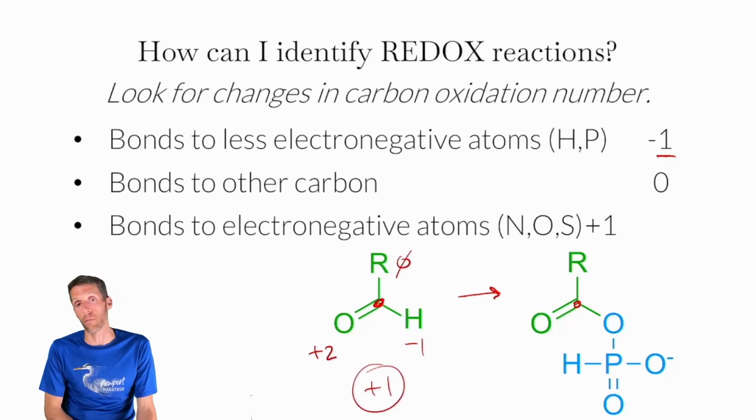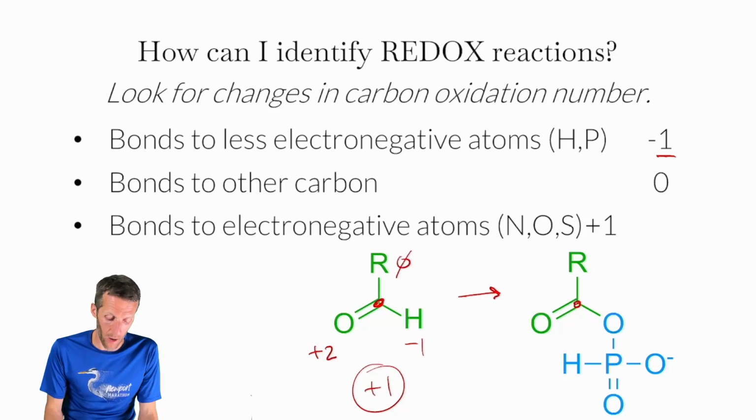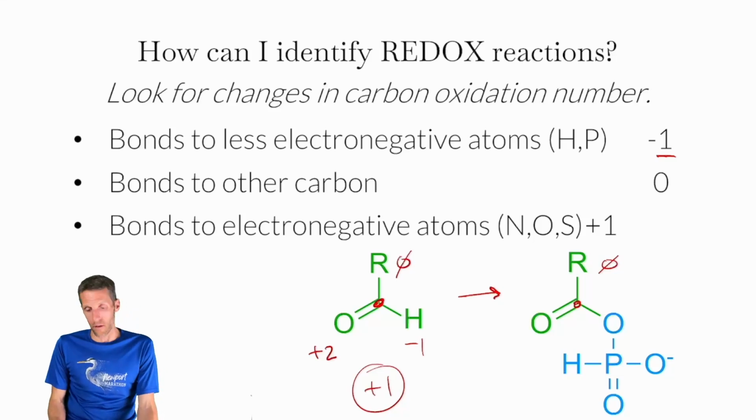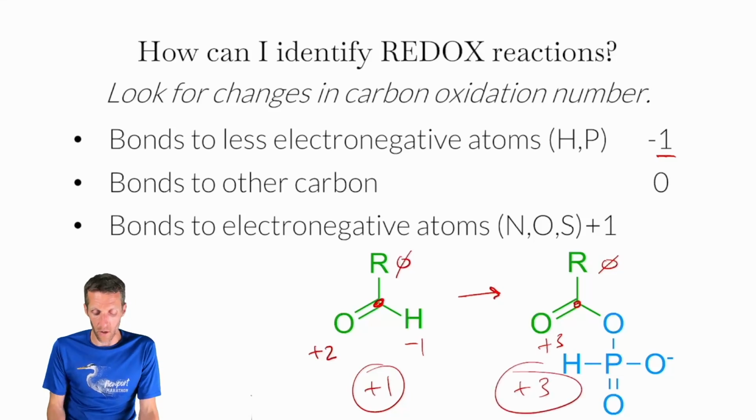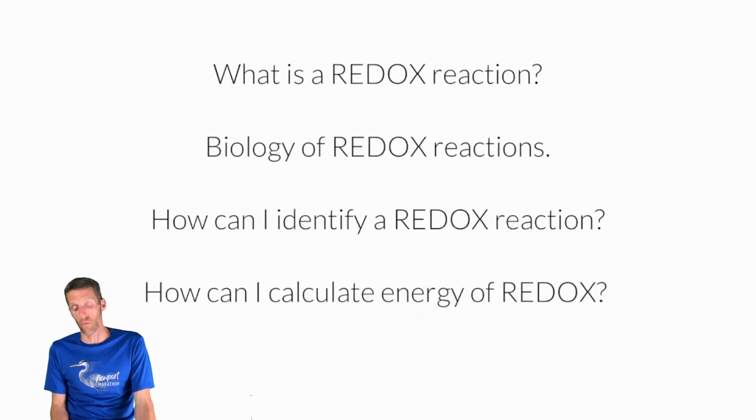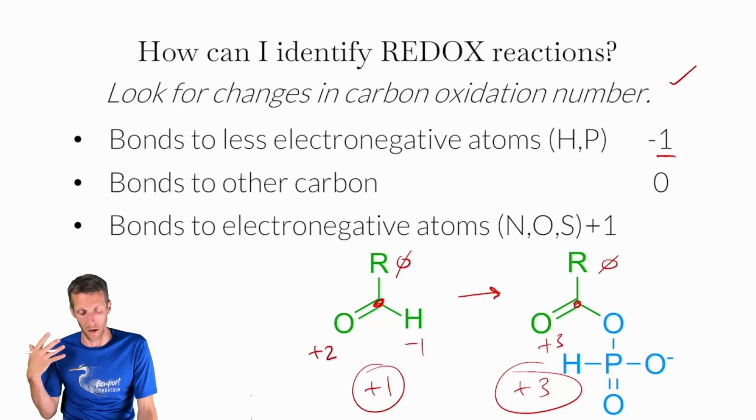We just add those numbers up. If we look over here on the right, what do we see? How many bonds to hydrogen or phosphorus? We've got 0 of those. We still have 1 bond to carbon, but now we have 3 bonds to oxygen. So now this carbon goes from a +1 oxidation state to a +3 oxidation state. That means this is, in fact, a redox reaction.